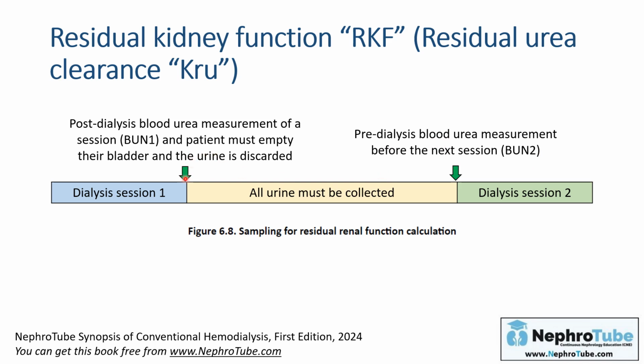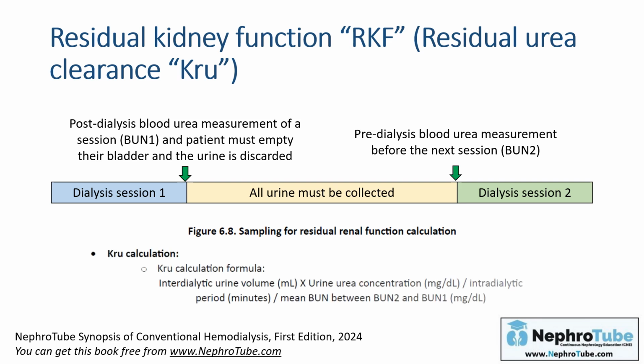Now you have blood urea nitrogen 1 immediately after the first session, blood urea nitrogen 2 immediately before the second session, and all the urine volume is collected, and you will measure the urea concentration in this urine. So you have the volume of the urine and the urea concentration in this urine.